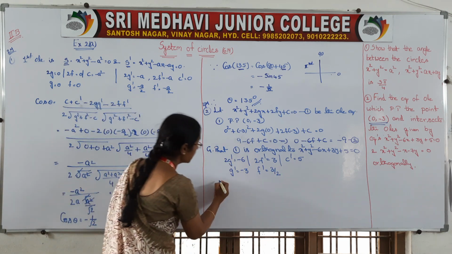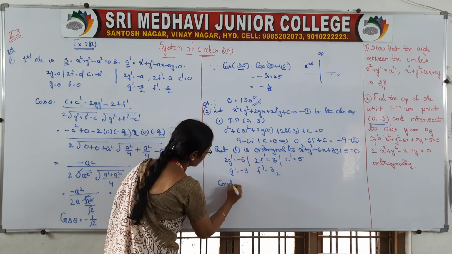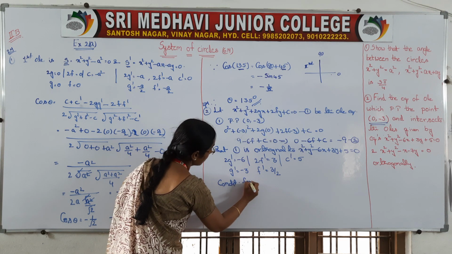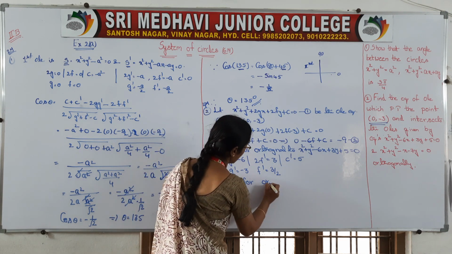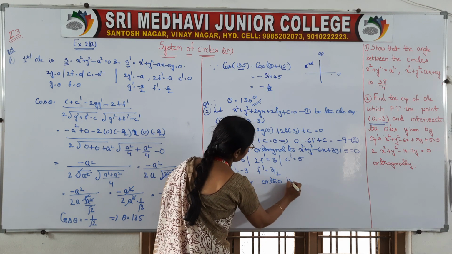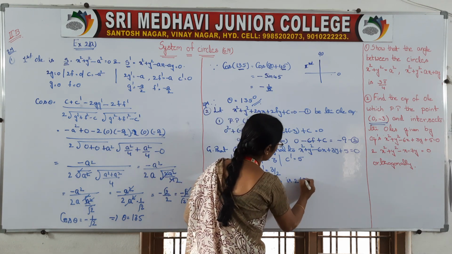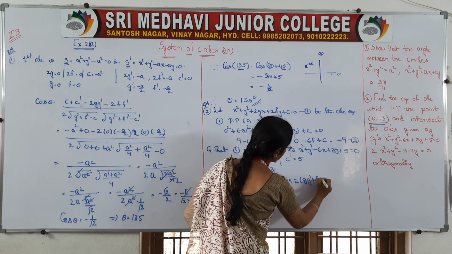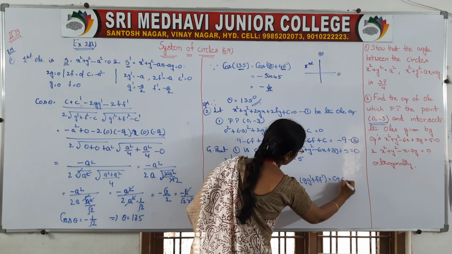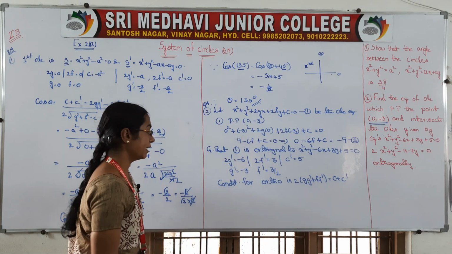Okay, so what is the condition for orthogonality? The condition for orthogonality is 2 into gg dash plus ff dash is equal to c plus c dash.